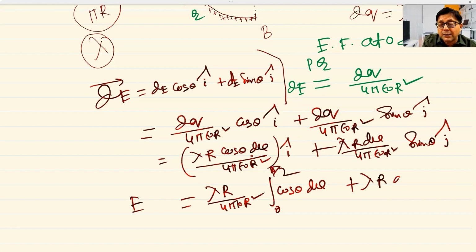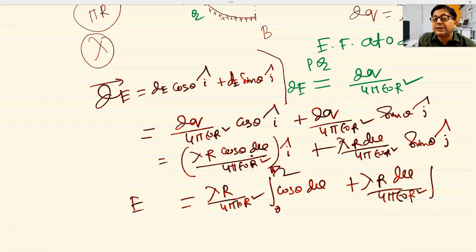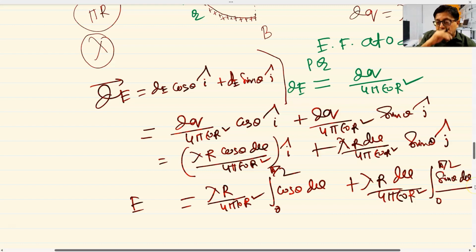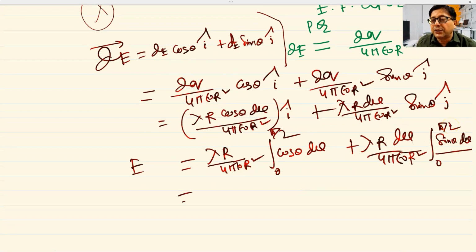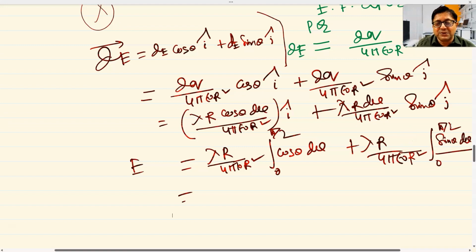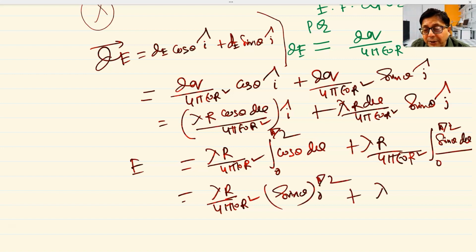This thing will be what? 4 pi epsilon 0 r square sin theta, integration 0 to pi by 2 sin theta d theta. Now integrate. Oh sorry, d theta by mistake. So lambda r by 4 pi epsilon 0 r square, another term going to be cancelled, not required now. Sin theta 0 to pi by 2.